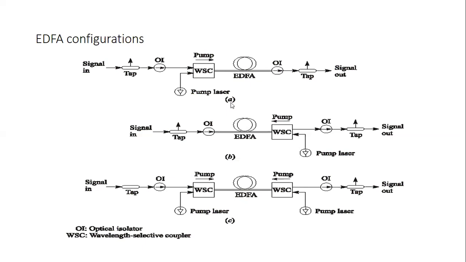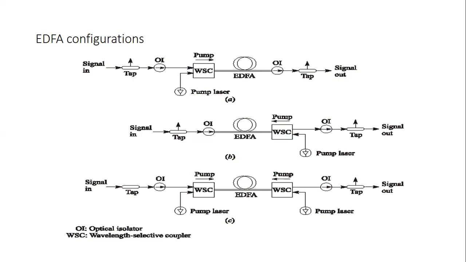Now here you can see there are three possible configurations. The first one is known as co-directional pumping. The second one is counter directional pumping, and the third one is dual pumping. So what is the meaning of co-directional pumping?